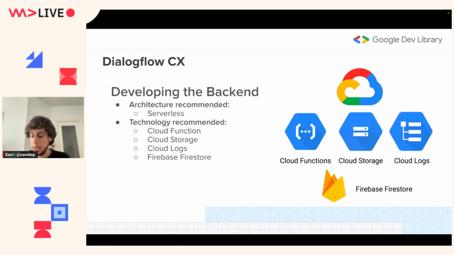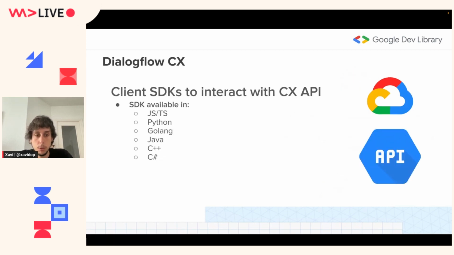But if you want a persistent database, the recommended one is Firebase Firestore, which is the NoSQL Google Cloud database solution. I recommend NoSQL because it's the fastest, the most dynamic, and the easiest to use.